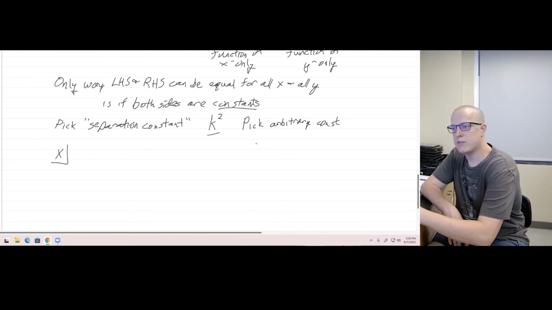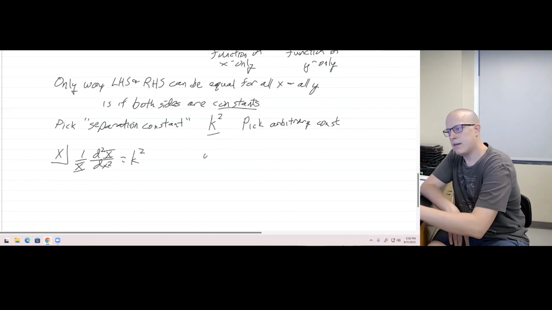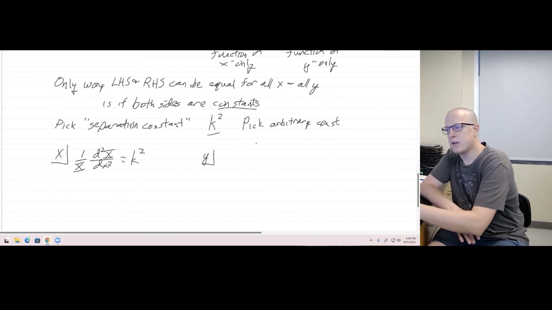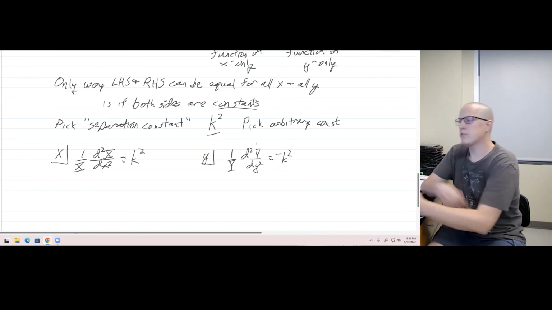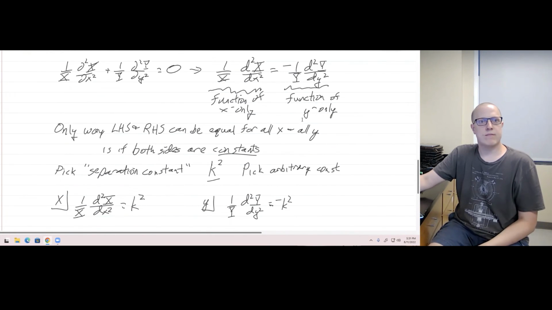I have an equation for x that says 1 over capital X times the second derivative of X is equal to k squared. And now I have another completely separate equation for y. That's 1 over Y, second derivative of Y, and that equals negative k squared. Because remember, we brought that over to the other side, so we had that negative sign.